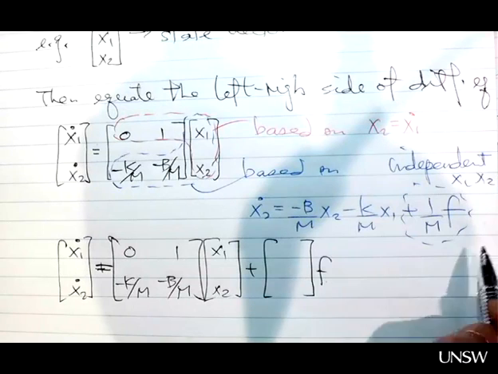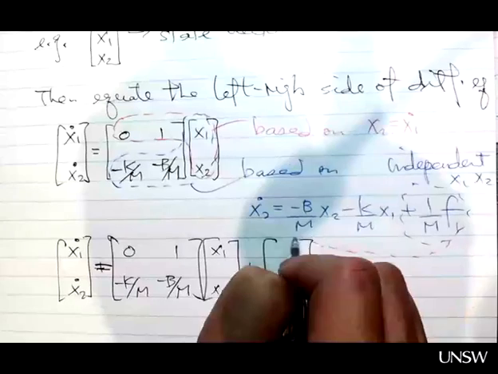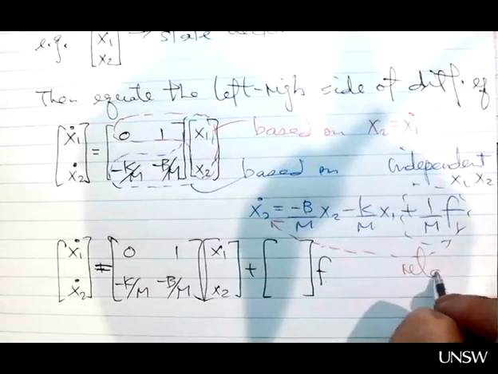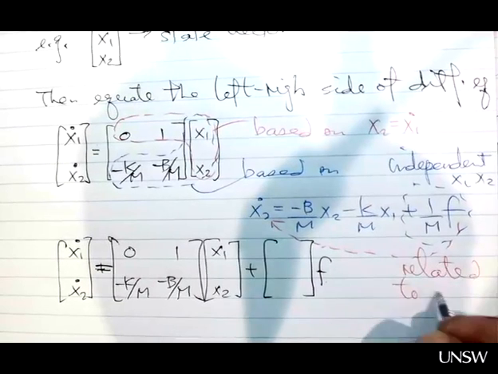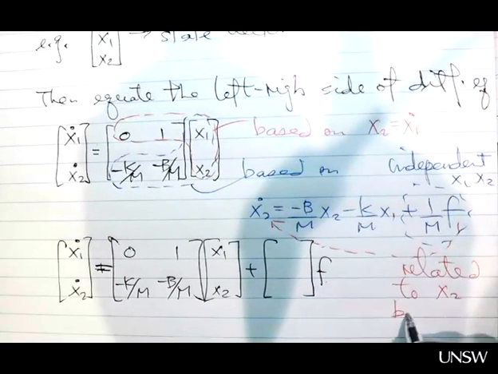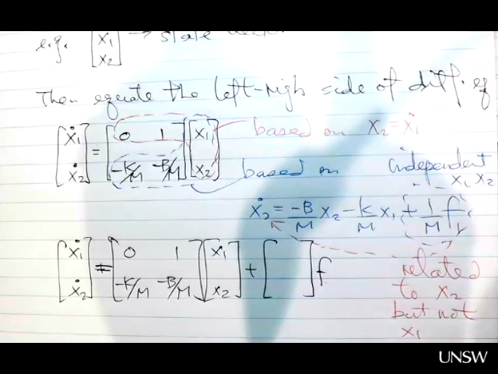And then we see that this is related to x2, but not x1. So not related to x1, we have 0. And then related to x2, we have a 1 over m.